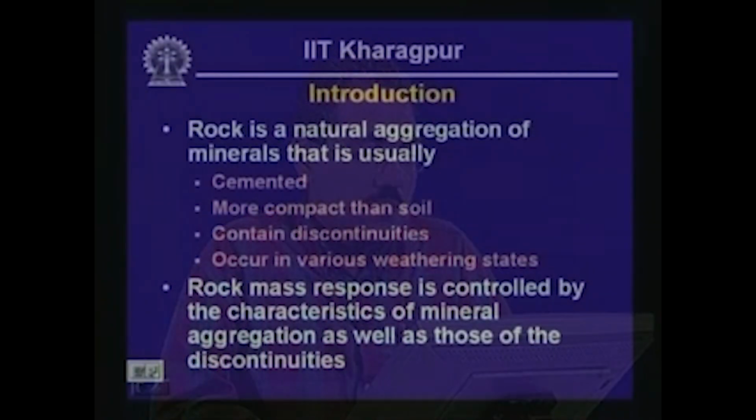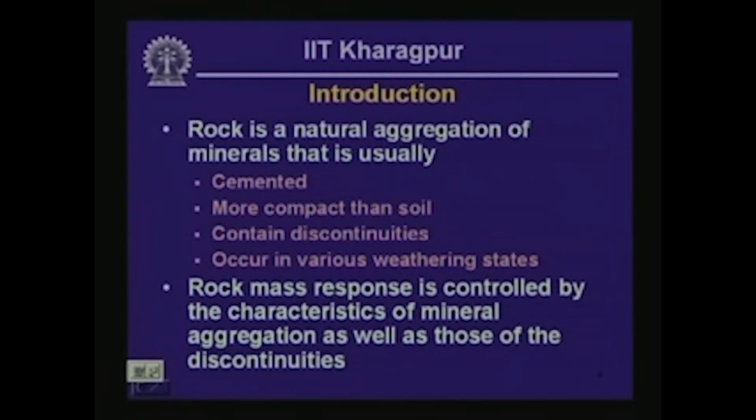Now, anyway, what is rock? Rock is essentially a natural aggregation of minerals, and this aggregation is usually cemented, and as I explained, the bond of cementation is much stronger in this case in comparison with most soils. Then the aggregation is more compact than soil. That means the porosity of a rock mass is much smaller than what you would expect in a soil sample.